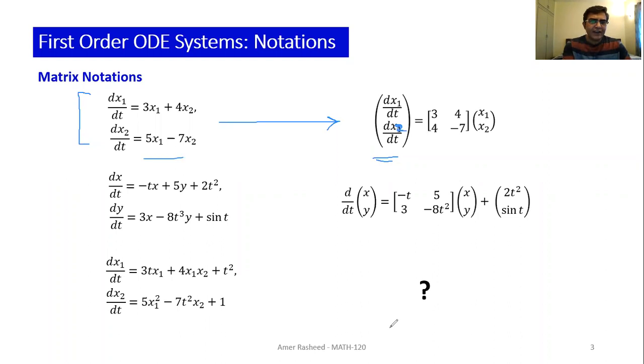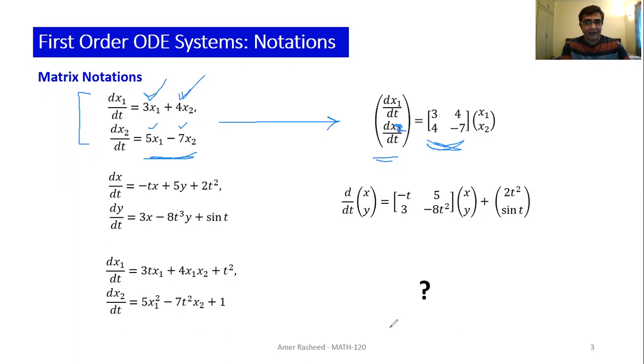On the right hand side, we write the coefficients of the dependent variables x1 and x2 in the form of a matrix. You can see here that we have 3, 4 in the first row and 5, minus 7 in the second row.